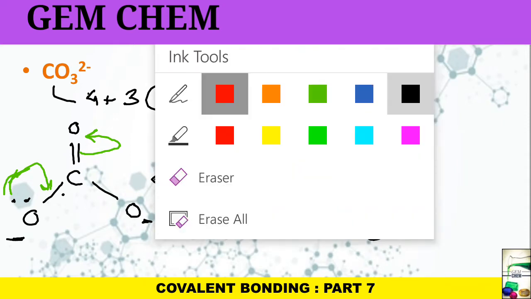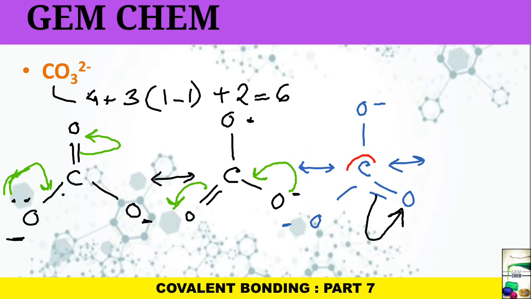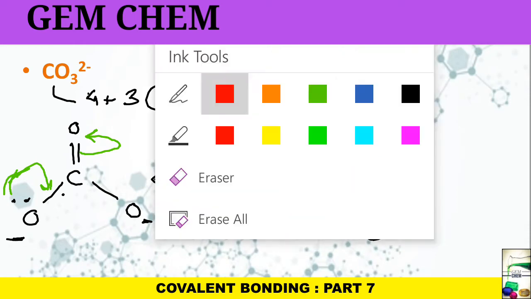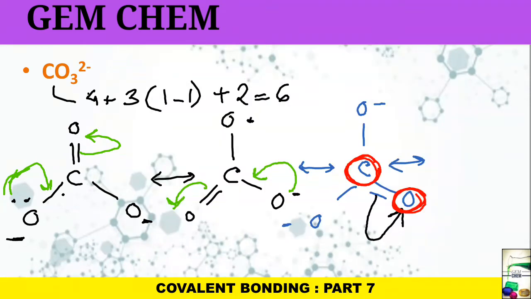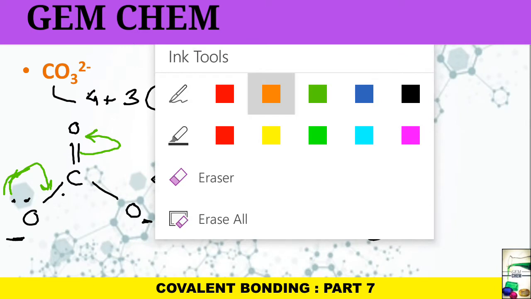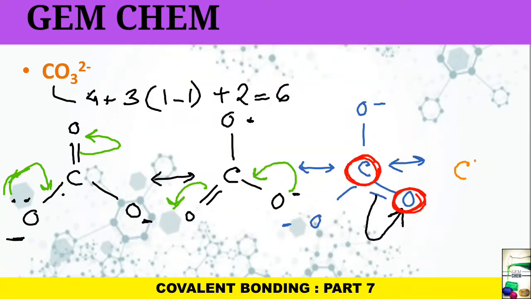So you have to understand that if this opens up, then carbon is in shortage of 2 electrons and this oxygen is in gain of 2 electrons, that is, it is in profit of 2 electrons. So the structure ultimately which we get is like this. That is, carbon is having a positive charge. Here is our O-, similarly here O-, and here also O-.